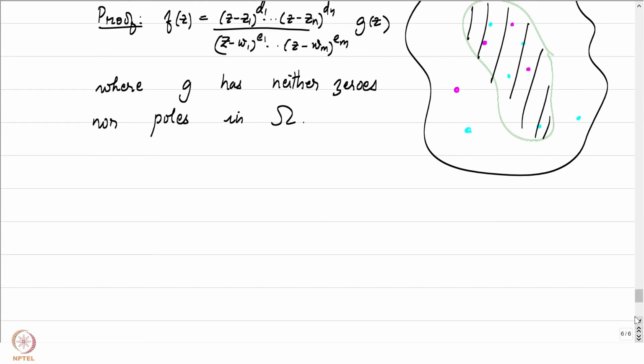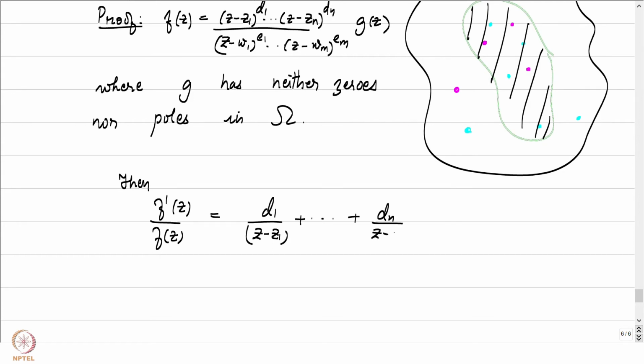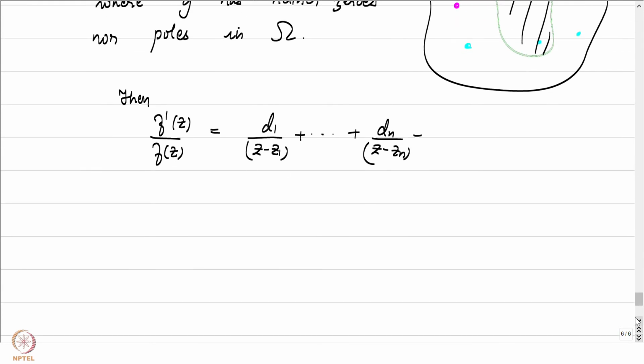So, maybe an induction argument can help us conclude this, and once we have this, we will be able to write our log derivative in the following manner. f prime of z by f of z is just going to be d1 by z minus z1 plus up to dn by z minus zn, just like how you would have computed in the case when it was a rational function. The same computation here will tell us that this is what we will finally end up with.